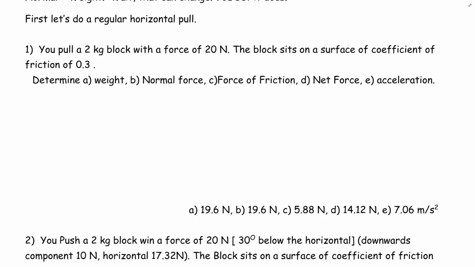You pull a 2-kilogram block with a force of 20 newtons. The block sits on the surface of a coefficient of friction of 0.3. Determine its weight. So, free body diagram, we have it sitting on a surface, so there's a normal force, there's a force of gravity, you got the force of pull, the applied force, and there's a frictional force.